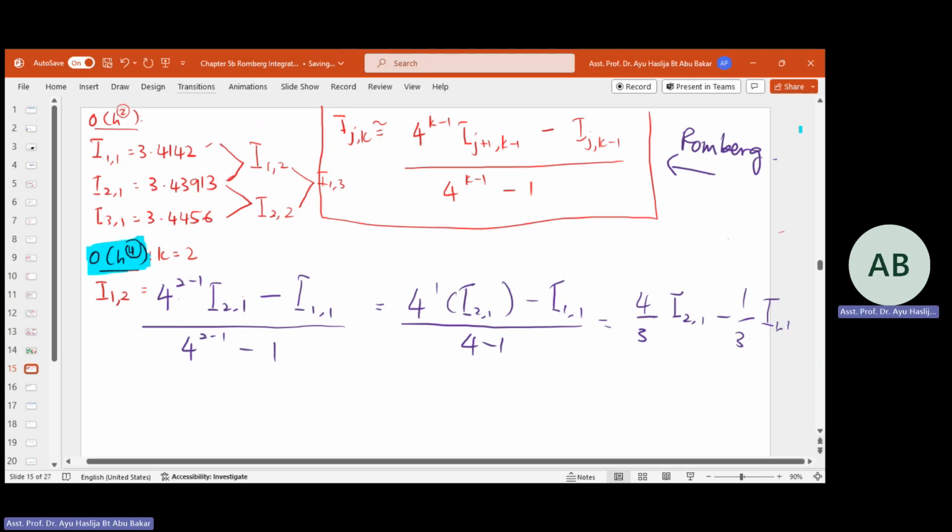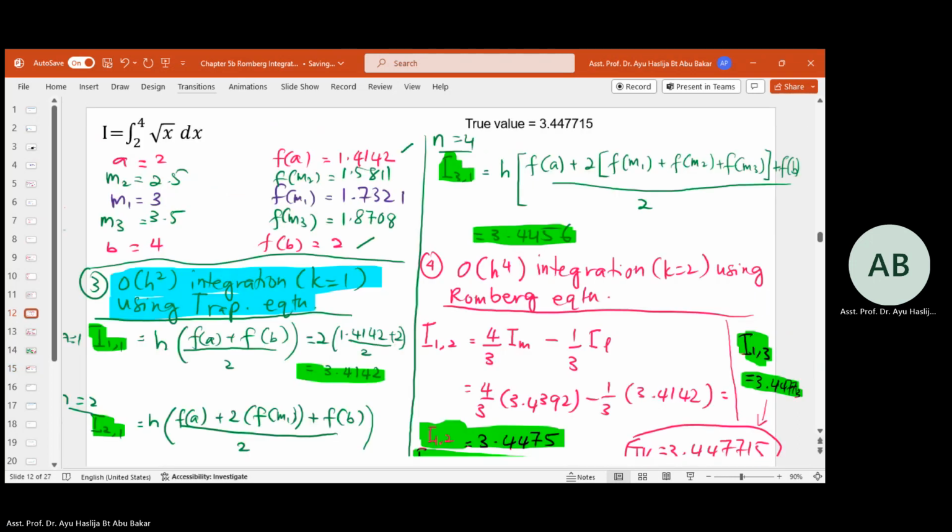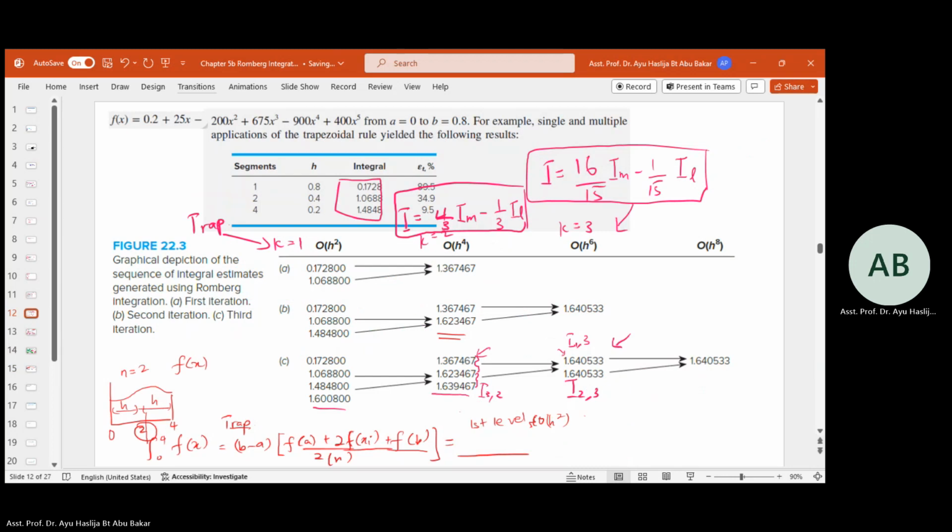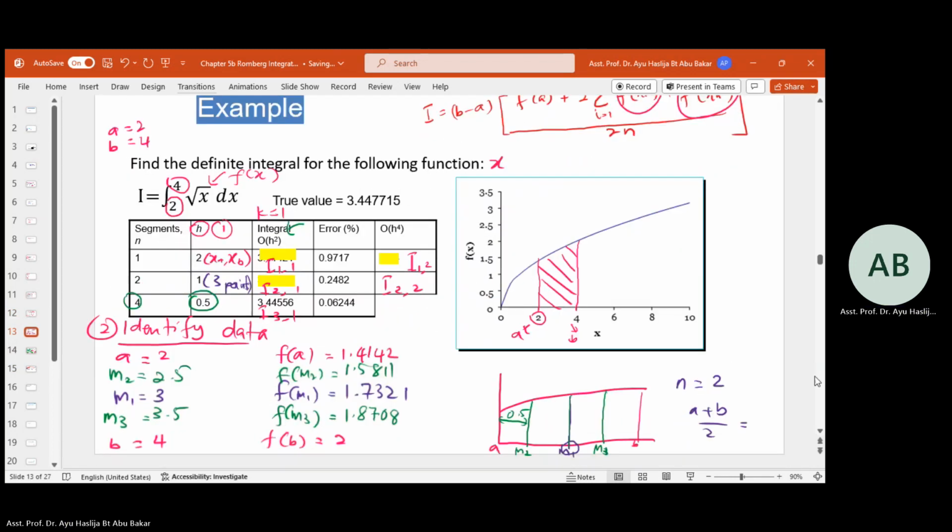Now go back to the table earlier. Okay, so now we know the value of each. I11, I12. Okay, second level integration, sorry, I11 and I21, you will get I12.